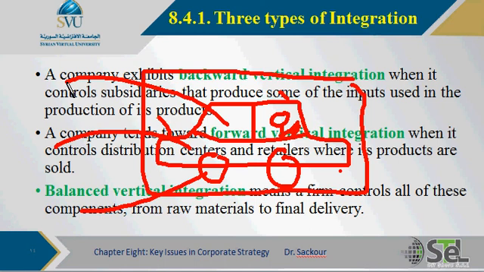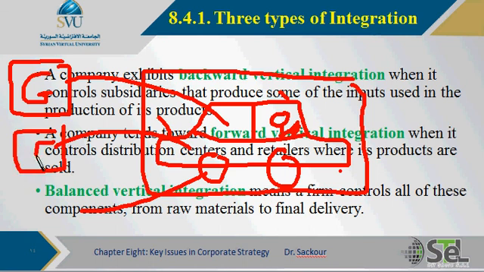So we make backward integration. We acquire a glass company, an engine company, or a tire company.